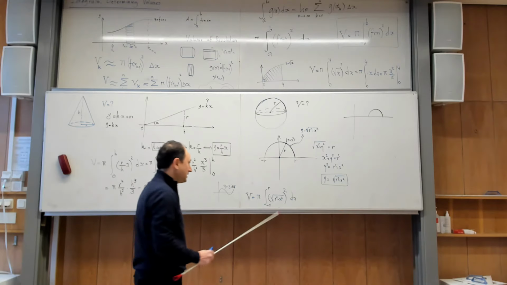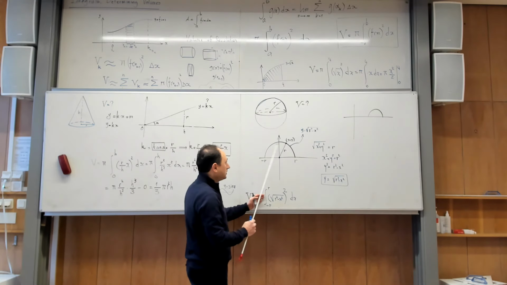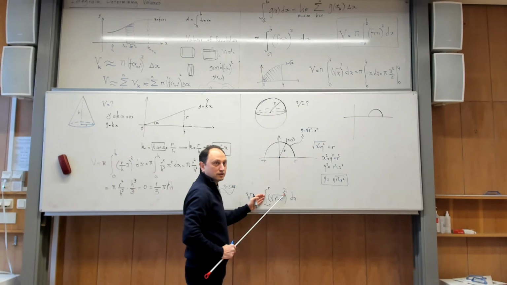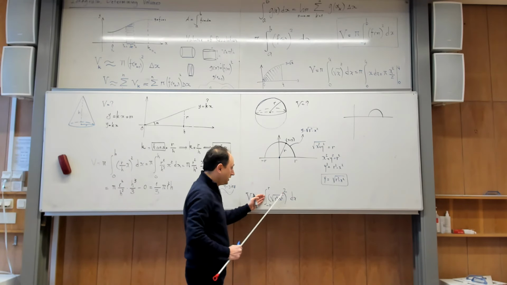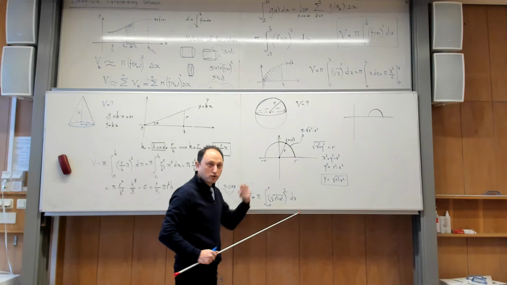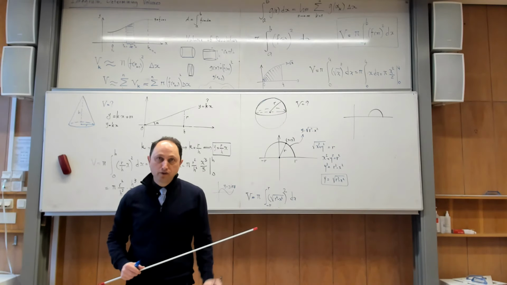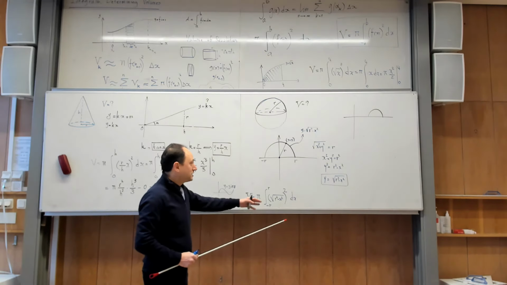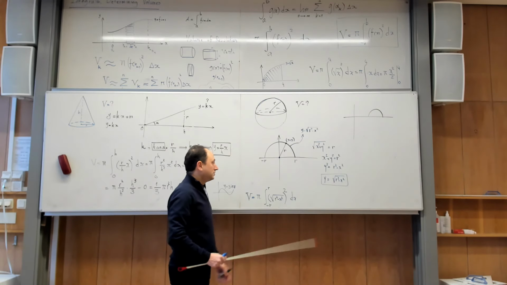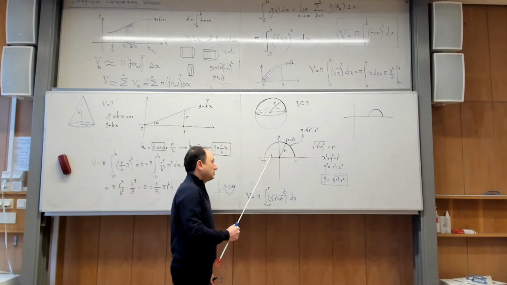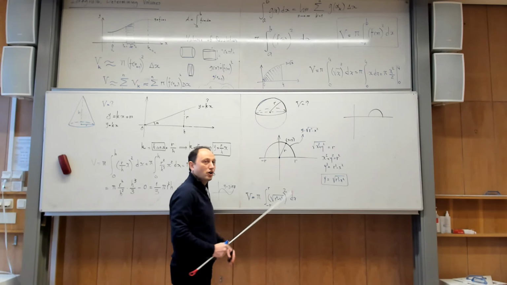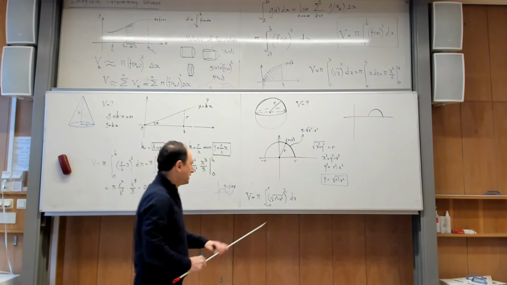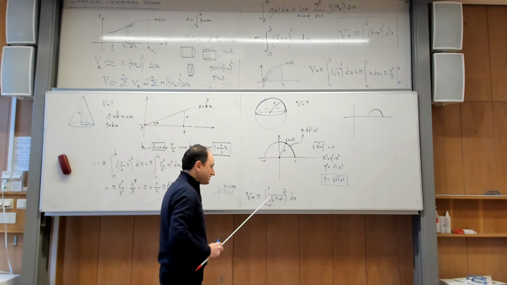Because when I want to calculate the area of this, I don't have this power of 2. Then I have to deal with the square root of r squared minus x squared, so I have to learn how to find the primitive function for that, but you have to wait for university to know that. This is why at the high school level, finding the area of a circle is harder than finding the volume of a sphere, because this power of 2 kills this square root sign.